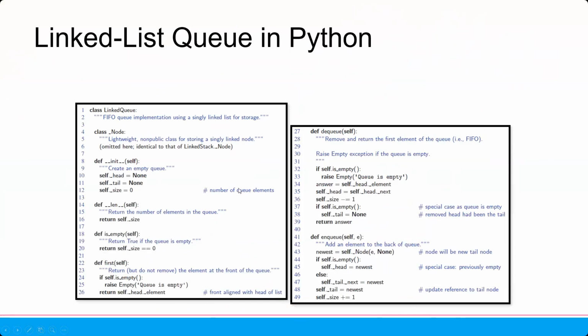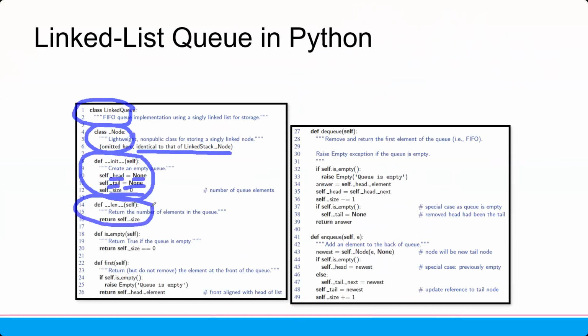So this is the code for the linked queue. Note, you can refer to the previous note. It's the same. When you construct this object, you will have the head, which starts from None. The tail you can start with None, and the size is 0.